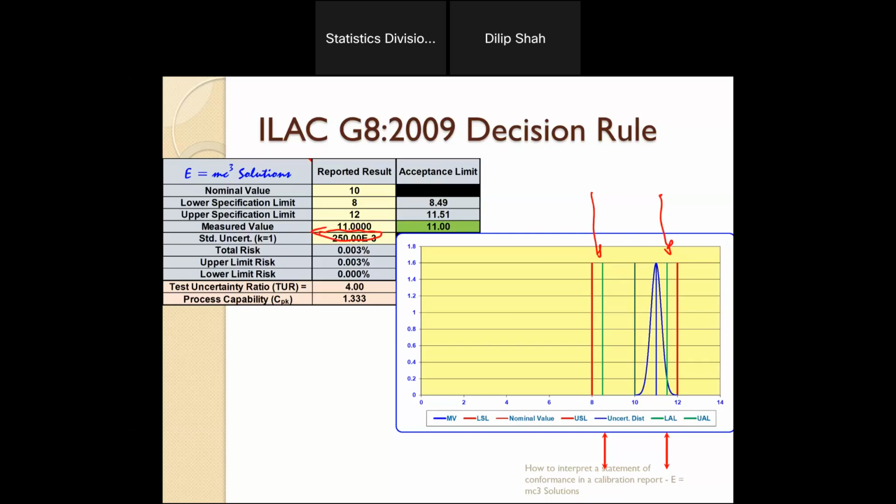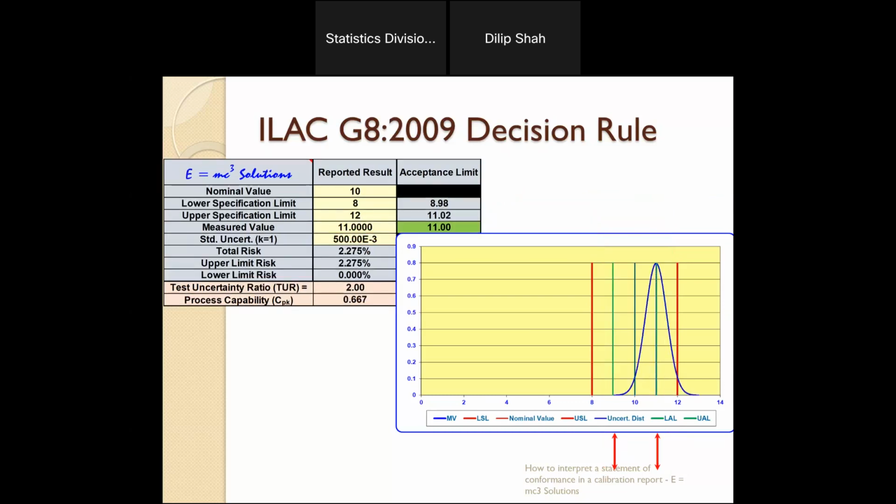The acceptance limit now is being calculated here, and it's not 8 and 12, taking the uncertainty into account. It's 8.49 to 11.51, and if my measurement is within those bounds, which 11 is, then it conforms, it passes, and I can accept that using this decision rule.